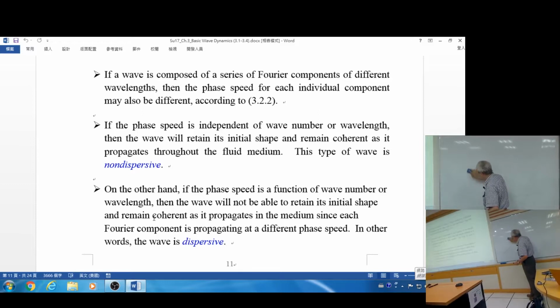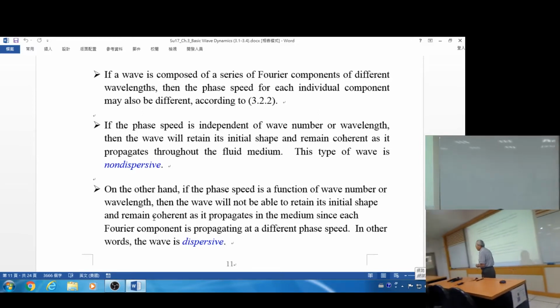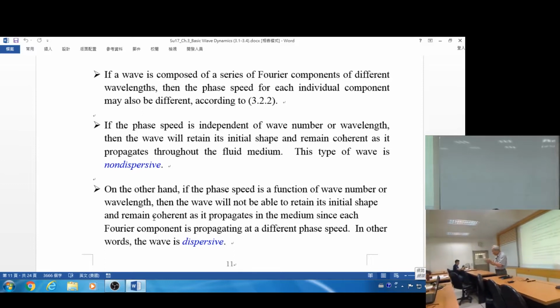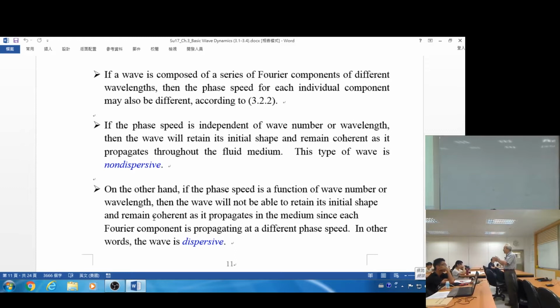Sometimes my students are a little confused. They know the definition, and they know how to check whether a wave is dispersive or non-dispersive, but they don't really understand the physical meaning.